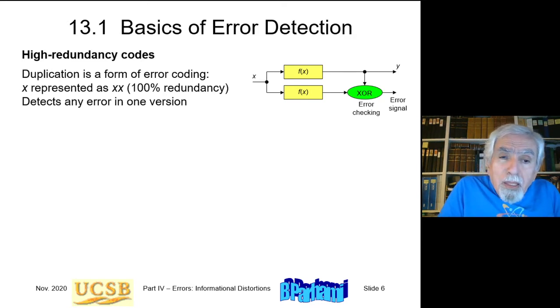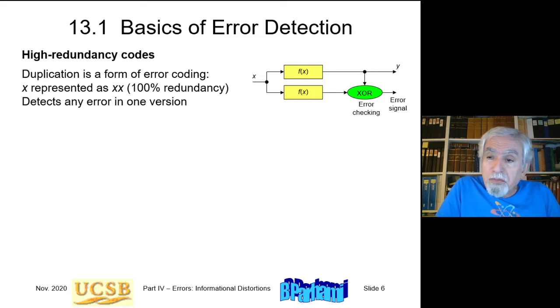So, let's start with something that we already know about, duplication as a method of checking errors. If you want to compute the function f of x, you may decide to implement two circuits, or use two copies of a circuit computing f of x, provide x to both copies, and these two outputs should be identical under normal conditions.